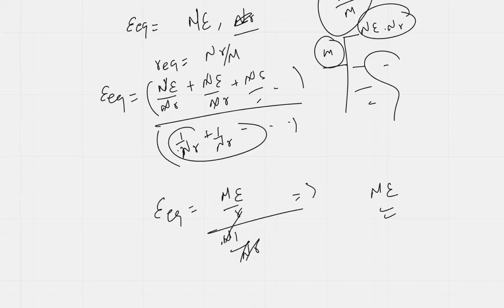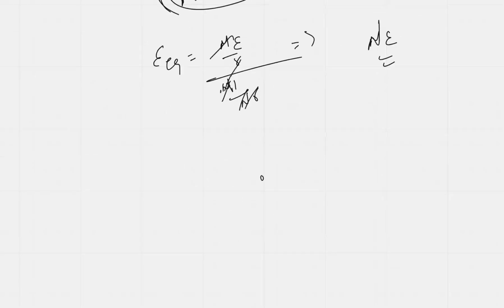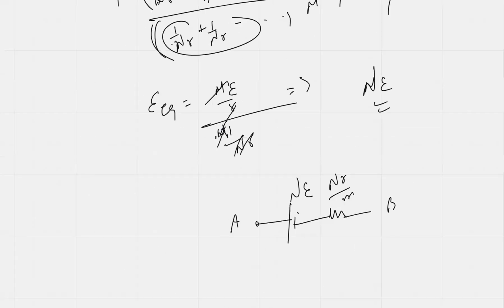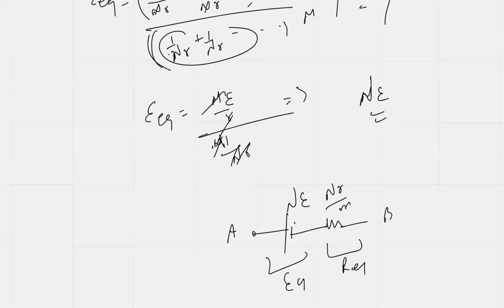If you see carefully, I have got these things and they cancel. The final voltage across A and B will be n times of E, and it will be nR by n. This will be E equivalent and R equivalent. Please clear it if you have any doubt.